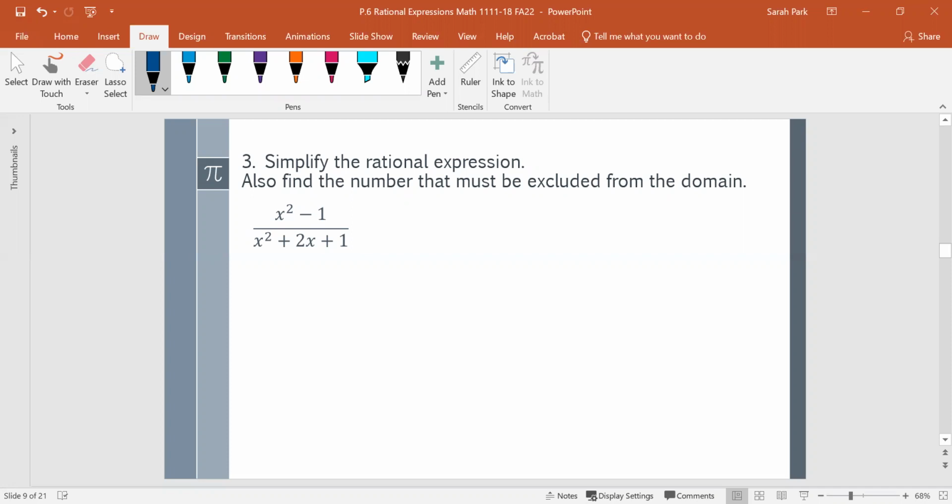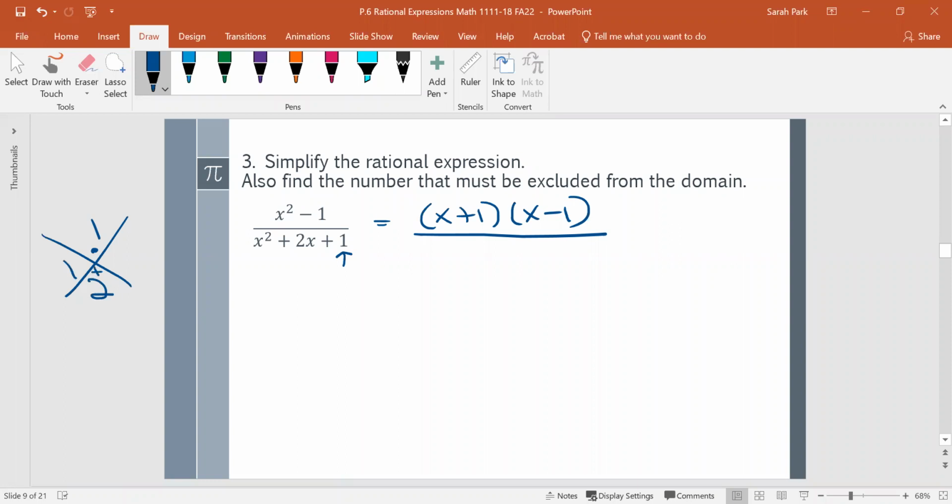If we factor the numerator, it's a difference of perfect squares, x squared minus 1, which factors as x plus 1, x minus 1. The denominator factors from x squared plus 2x plus 1. I'll make the x chart here, putting the last number up top, finding two numbers that multiply to 1 and add to 2, the middle term, and that's just 1 and 1. So this factors as x plus 1 and x plus 1.